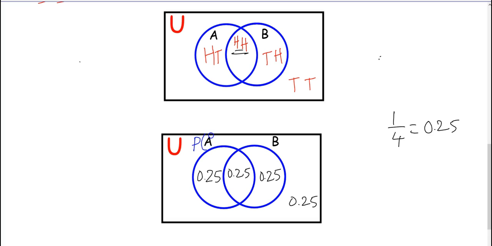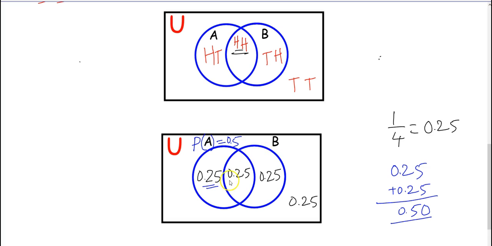I have to consider the whole set A, that is 0.25 in this area and again 0.25. So 0.25 plus 0.25, adding those two, you got 0.50. So the probability of this event A taking place is 0.5.